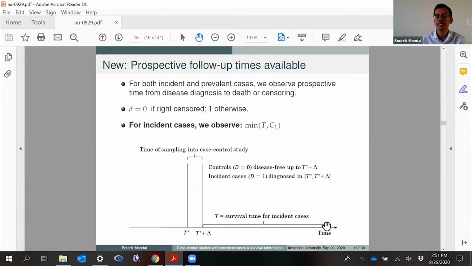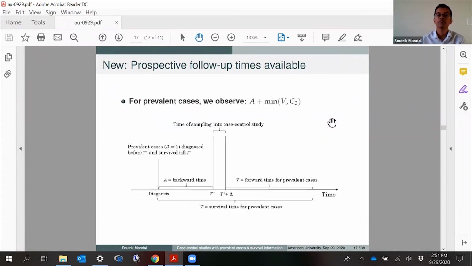This time can be censored, so we observe the minimum of T and the censoring time C1. For prevalent cases, we have the backward time A and the forward time from the end of study to either death or censoring. This forward time can be censored. So we have the backward time plus the minimum of V and C2, and the total survival time is this.